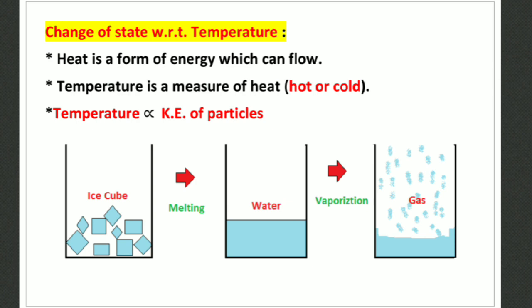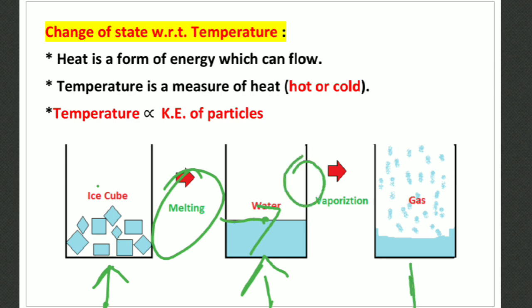Now when we heat the ice cube beaker with the help of any heat source like a candle or burner, the kinetic energy of the system will increase, so it will first melt into water. Again, if we give heat here, it will boil. Then again, if we give heat here, it will vaporize.